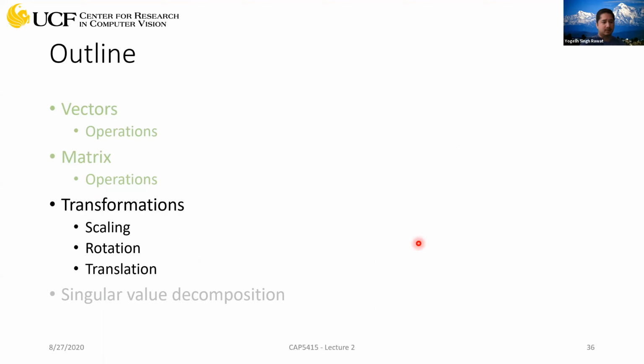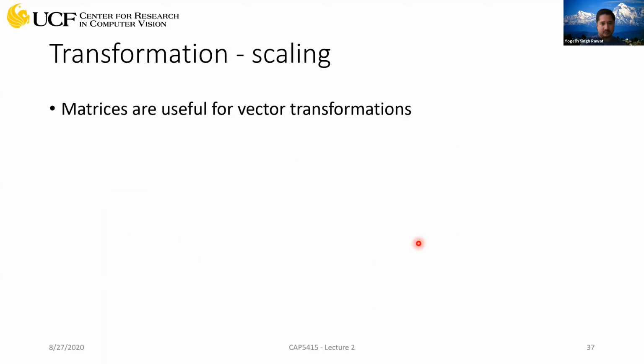All right, so now let's talk about some of the transformations. Basically we will talk about transformation of vectors instead of matrices, and we are going to use matrices to do those transformations. Any transformation can be represented by multiplication of a matrix with a vector, and we call this resultant vector the transformed version.